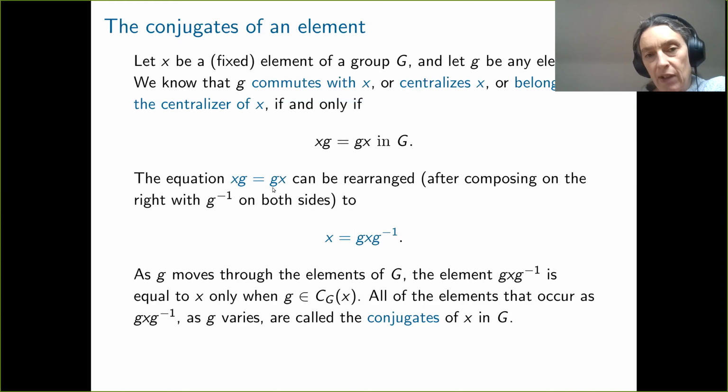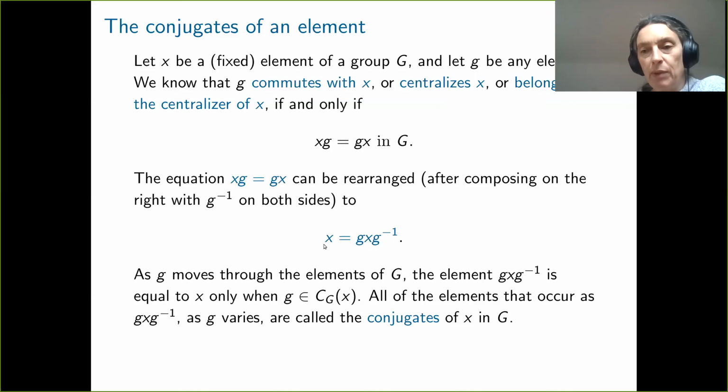But on the right-hand side, we've got gxg inverse. So the statement xg equals gx is equivalent in the group to the statement that x equals gxg inverse. And of course you can get from this one back to that one by composing both sides of this version on the right with the element g itself. Then you'll have xg equals gx.